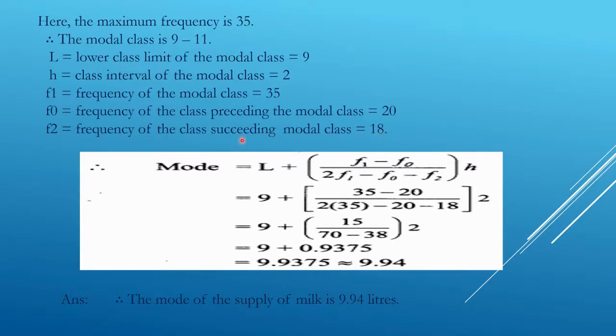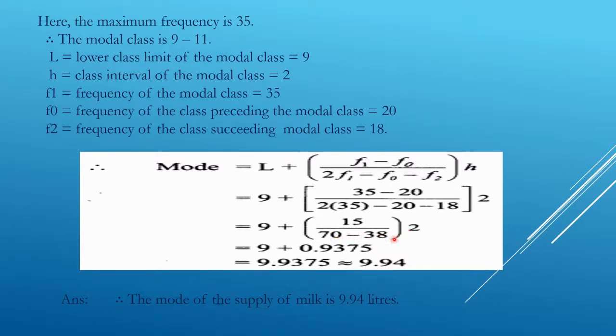Therefore, mode equals L plus F1 minus F0 upon 2 F1 minus F0 minus F2, into H. That is equal to 9 plus 35 minus 20 upon 2 into 35 minus 20 minus 18, into 2. Therefore, it is equal to 9 plus 15 upon 70 minus 38, into 2.